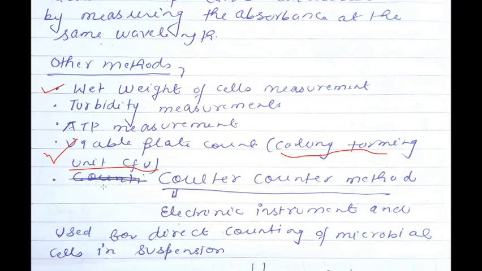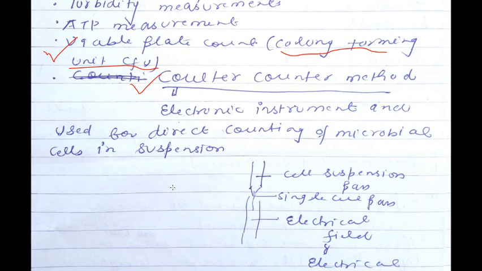There is another method, and the next is the most important. It's also an instrument that is used for counting the number of cells, the counter method. What happens in this method? There is a nozzle on the machine, you pass your cell suspension, bacterial suspension, through it, and only a single cell passes at a time. Once a cell passes, it generates an electrical impulse.